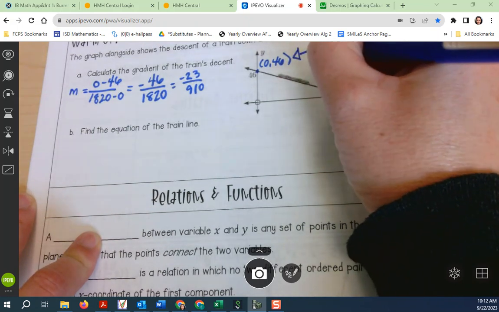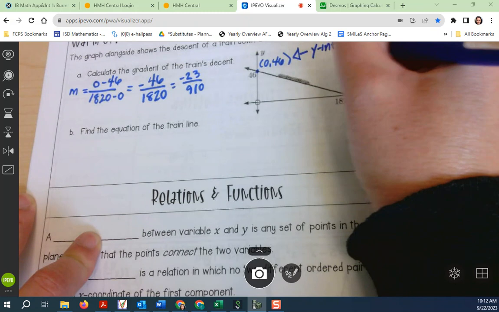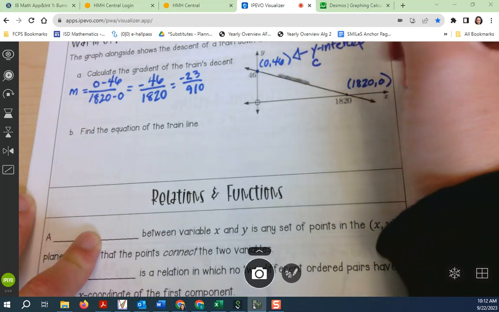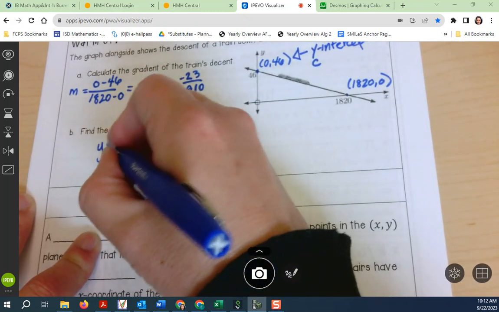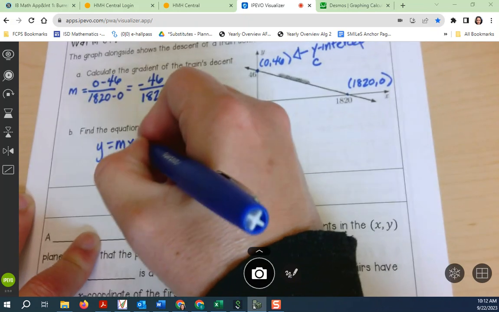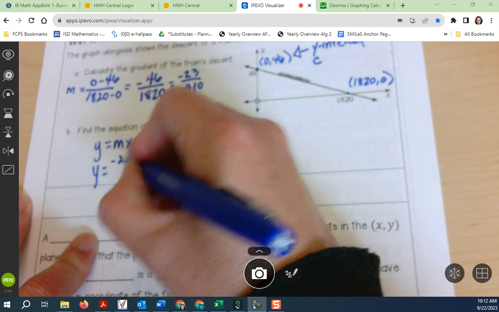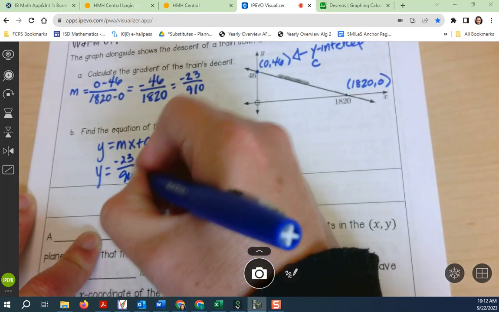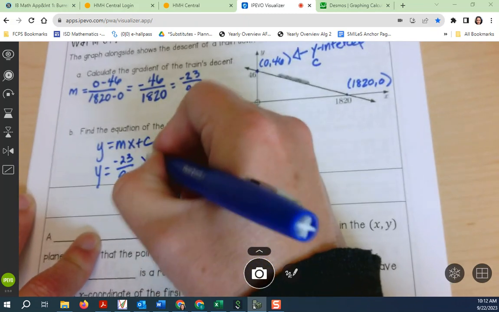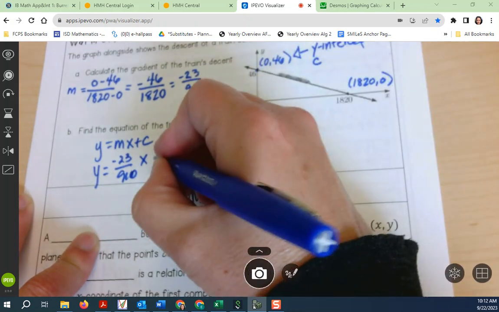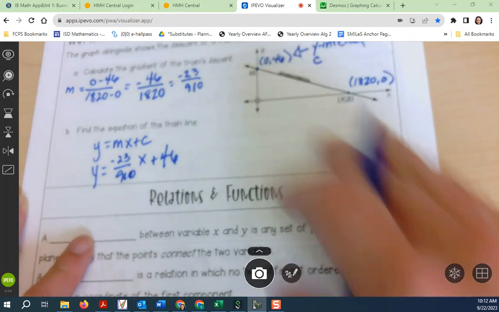Well, we used to call it b, now we call it c. So if we're using y equals mx plus c, then y is equal to negative 23 over 910 x plus 46.